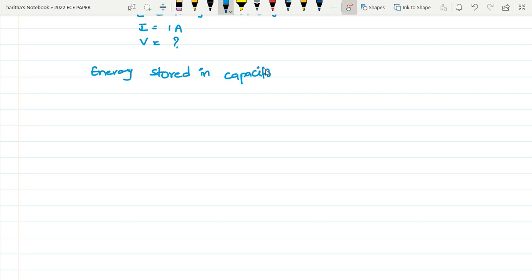Energy stored in capacitor E is equal to half CV square. So from this we can write the formula for voltage. V square is equal to 2E by C.